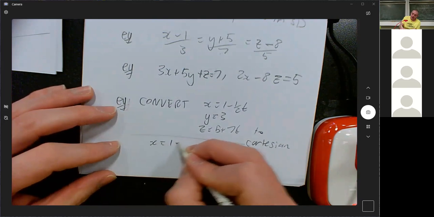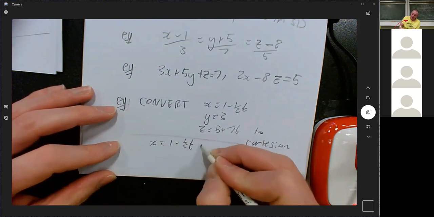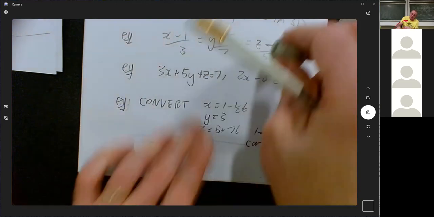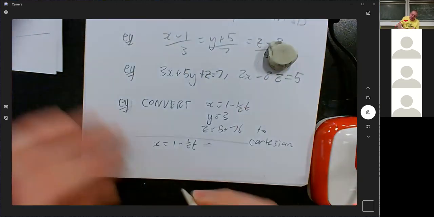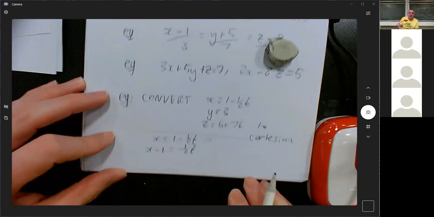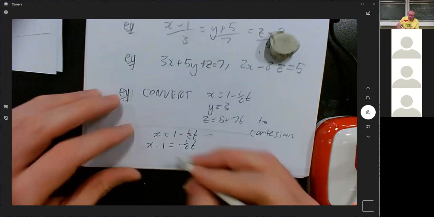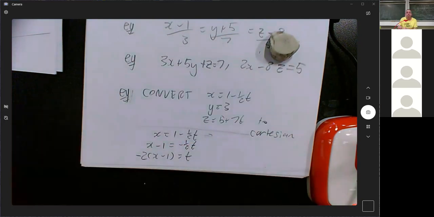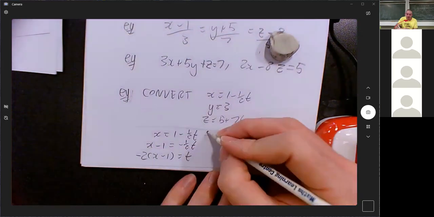So x is 1 minus a half of t, and that would mean that, well, no, let's not do it sideways, let's do it downwards. And that would mean that x minus 1 is minus a half of t, and then if I times by minus 2, that would give me t. And that's fine.